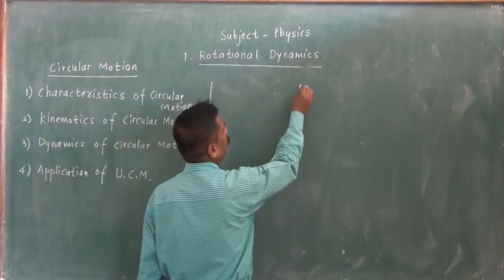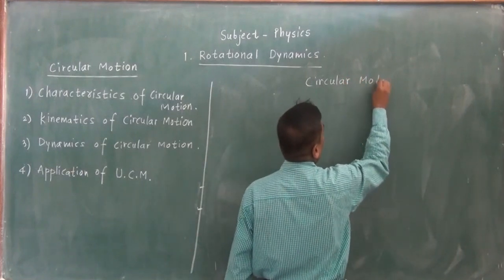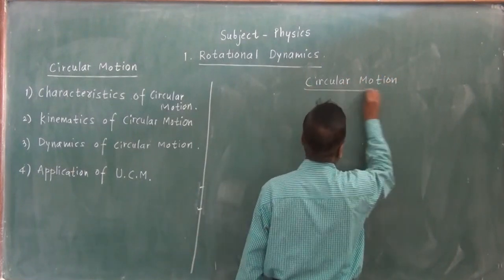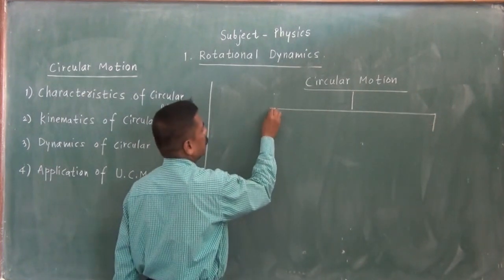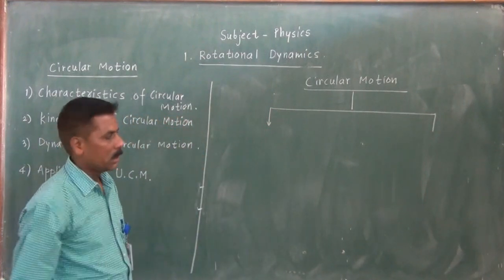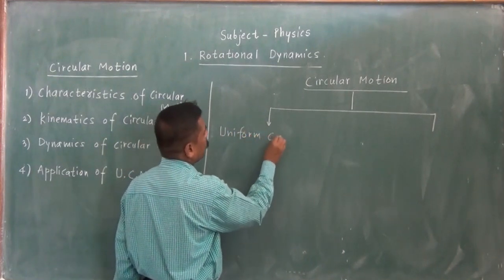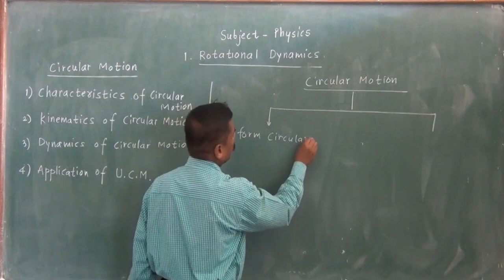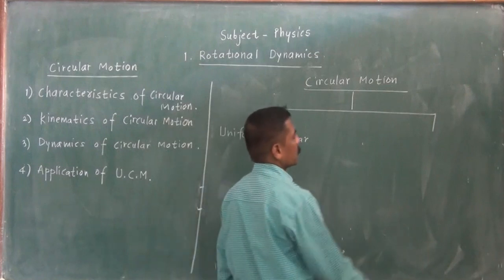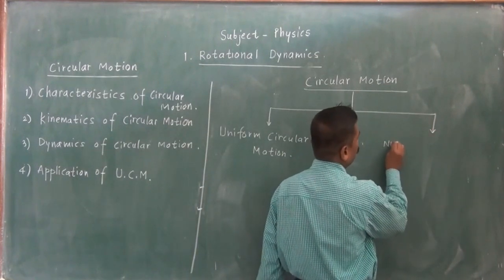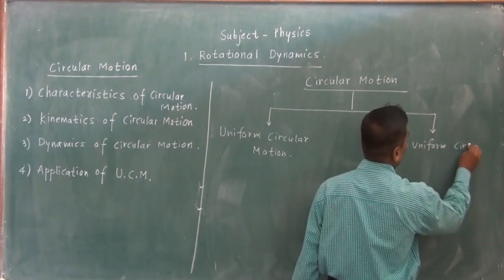Now this circular motion is divided into two types. The first type is called uniform circular motion, and the second type is called non-uniform circular motion.